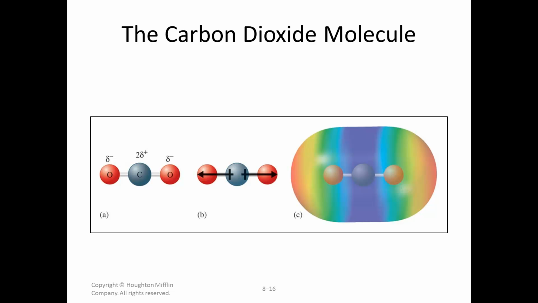Because this is a linear molecule, the dipole moments are in opposite directions with equal magnitude and will cancel each other out to give our molecule no net dipole moment. We can see from the electrostatic potential map that there are areas of very high electron density centered at the terminal oxygens, and the center of the molecule where our carbon is an area of very low electron density.